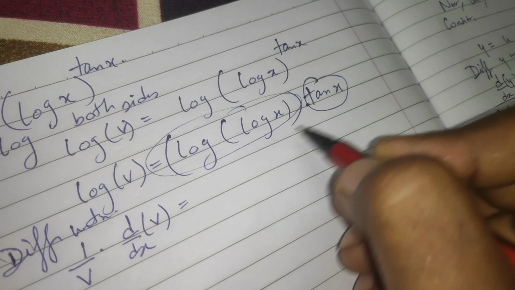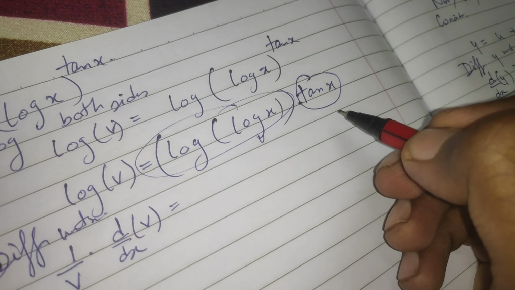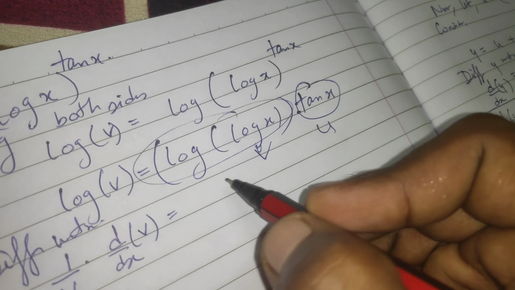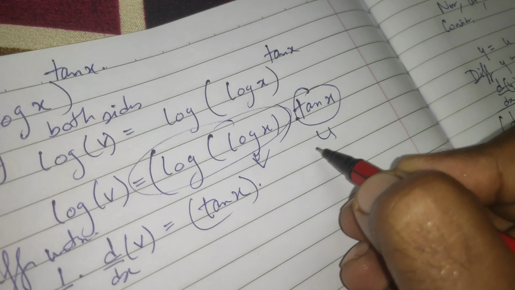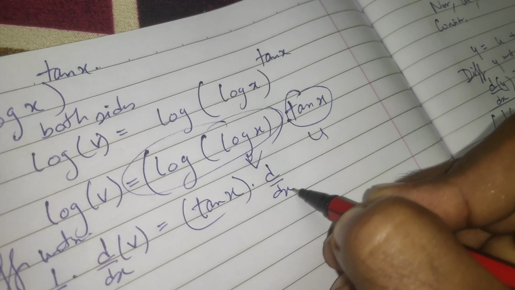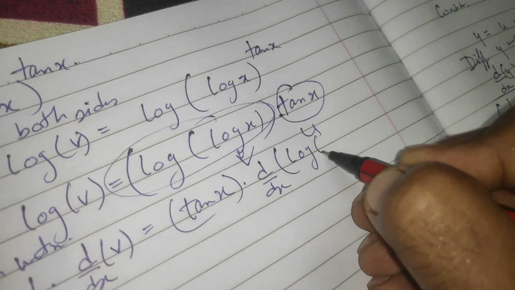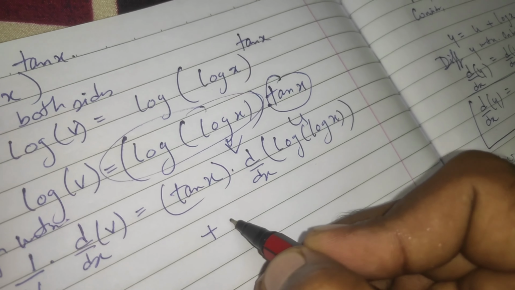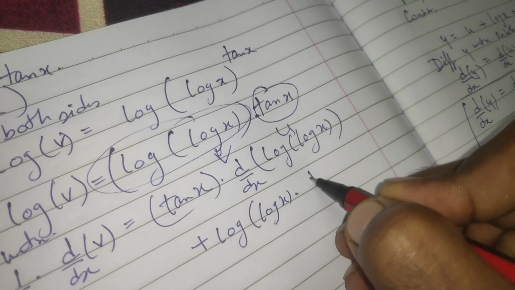I am considering tan x as u and log x as v. So u derivative of v plus v derivative of u: tan x as it is, into derivative of log x, plus log x into derivative of u, tan x.